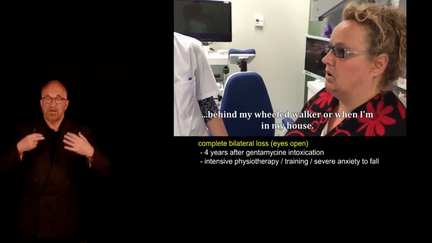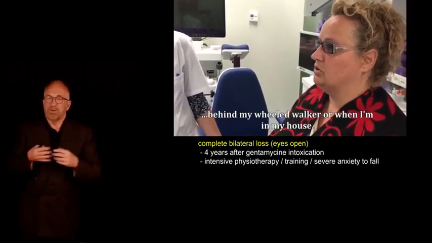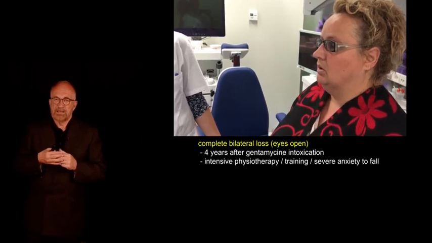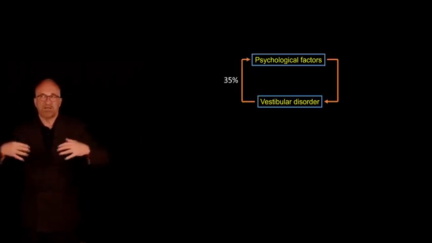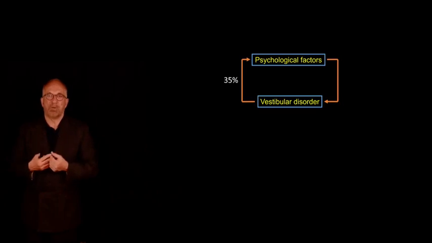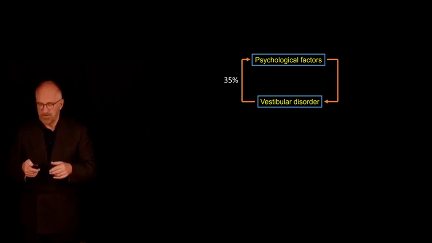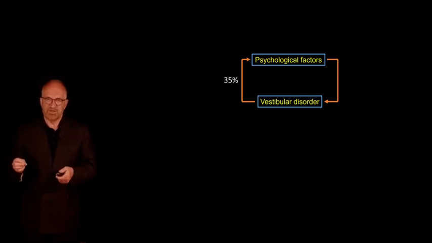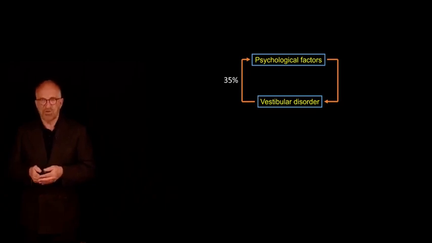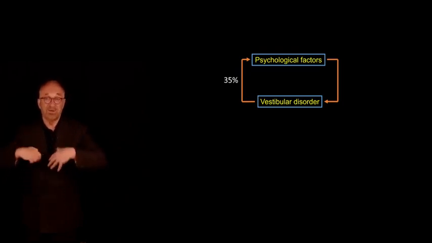And she really tries to be so much in control that she is very, let's say, obsessed by this problem in the vestibular system and in balance. You can imagine that. So she's very afraid to fall. And you see that in many of these patients with vestibular disorders, there is a comorbidity of all kinds of issues, fear, anxiety, fatigue, etc. Psychological factors play an important role, also in how you can deal with vestibular disorders.